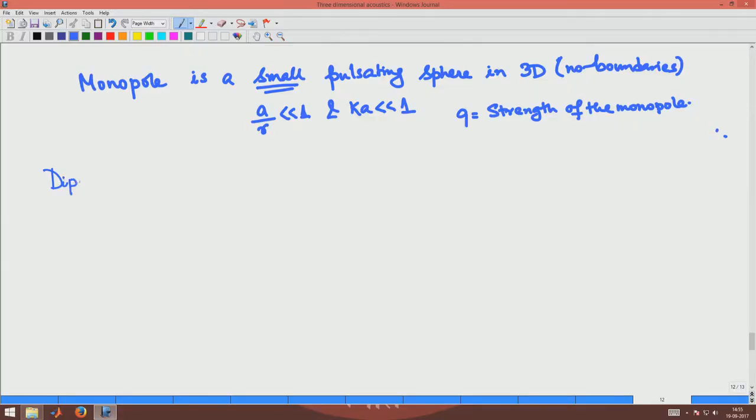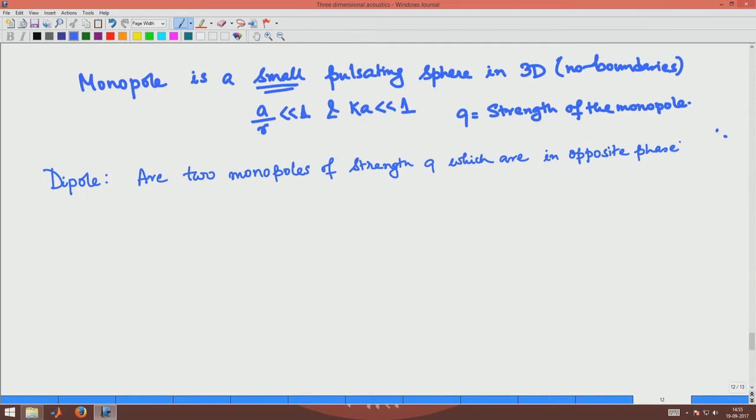So, in our next topic we are going to study dipoles, and as the name suggests, dipoles are two monopoles of the same strength Q, which are in opposite phase and at a small distance apart.